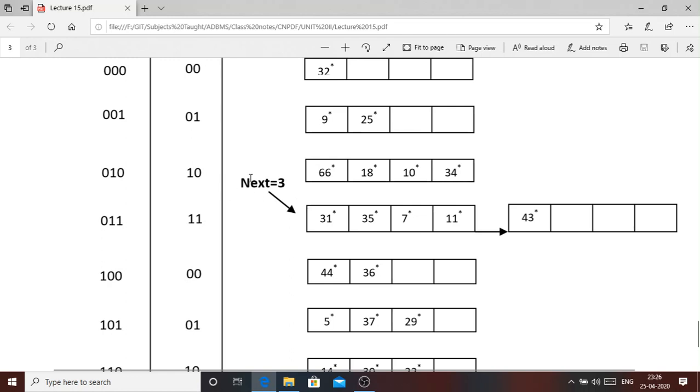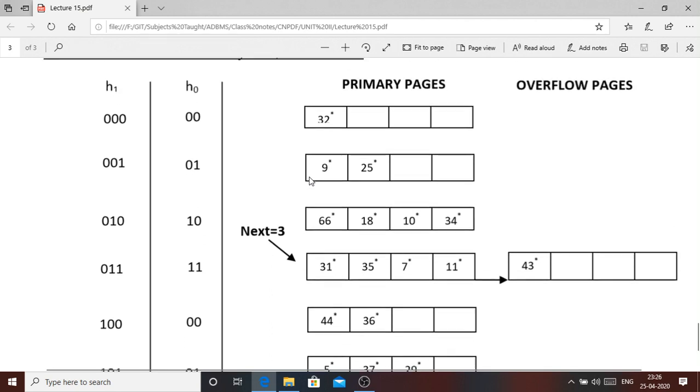And therefore the next got incremented by 1 position, because it was split, and there is no need of any overflow page here, because the next position was pointing to the same bucket where you have to insert that 22.